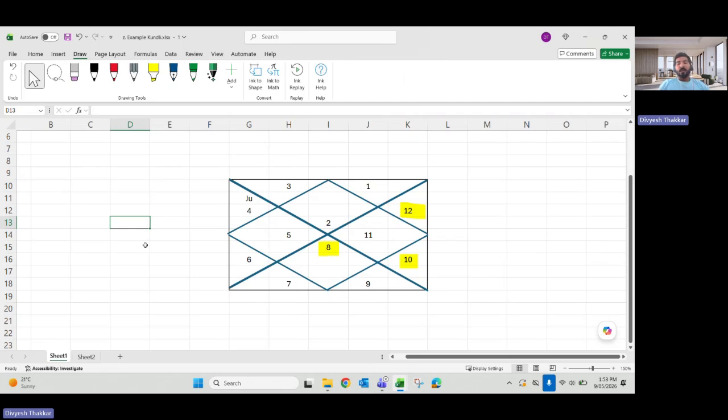So that's good. The ninth aspect falls on the 11th house. The 11th house is profits. As I mentioned, if you're doing a business, then obviously your business is getting better, and your profits are also getting better. The 11th house is your profits, your desires, your elder sibling.